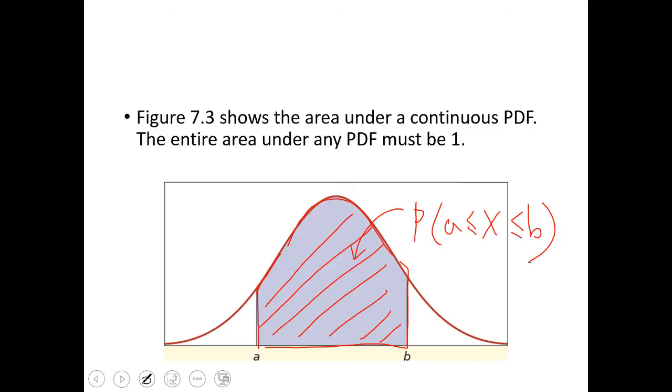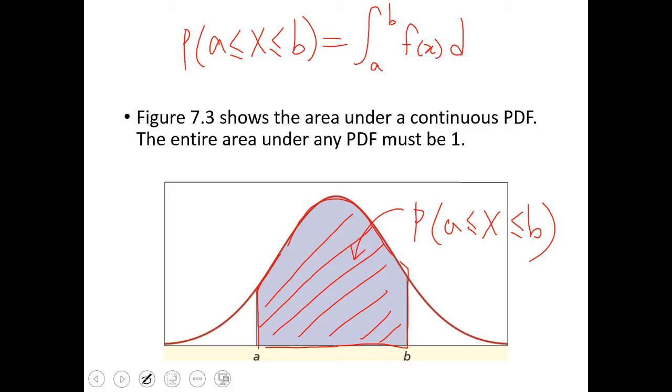So how can we calculate this size? The probability that a is less than x less than b. How can we calculate this probability? It can be calculated by the integral from a to b of f(x) dx. So that is the way to calculate the area between a and b.